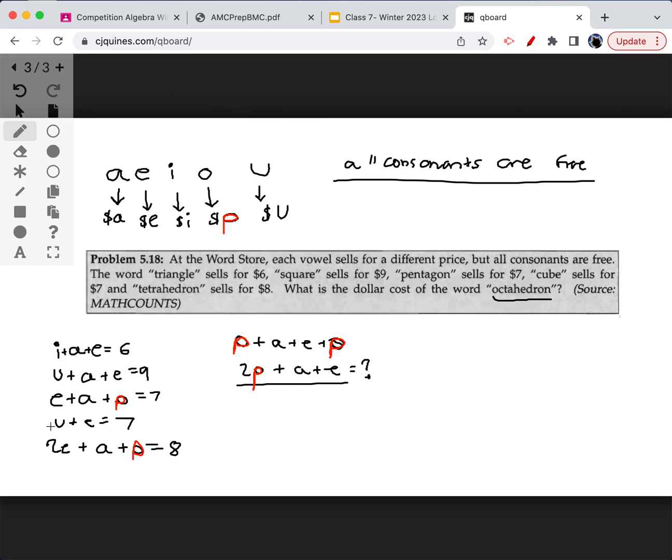So the first thing we do is we notice that we have u plus e is equal to 7 over here. And then over here, we have u plus a plus e is equal to 9. So we have u plus e is equal to 7, and u plus e plus a is equal to 9. So this means that a is equal to 2.